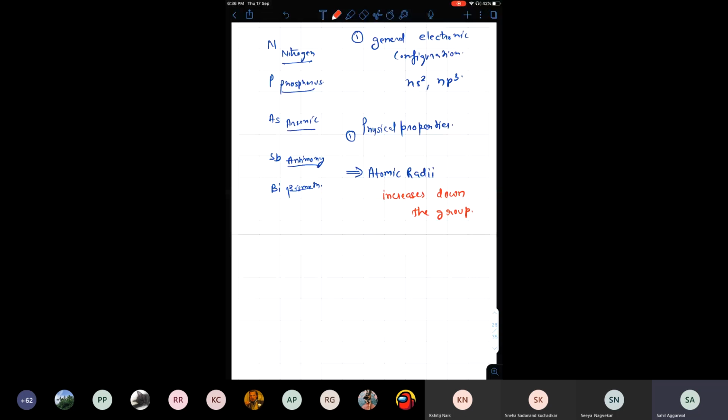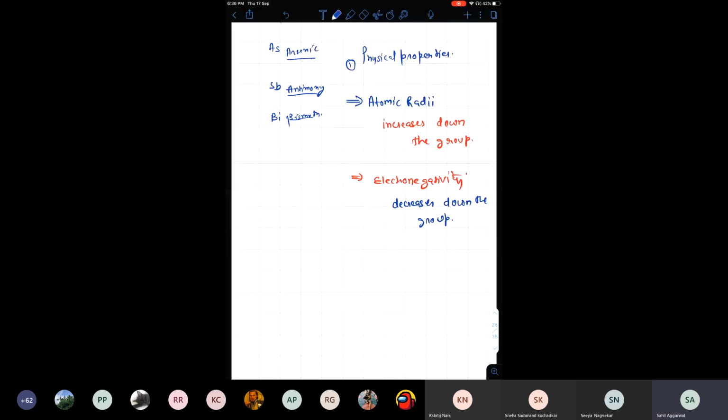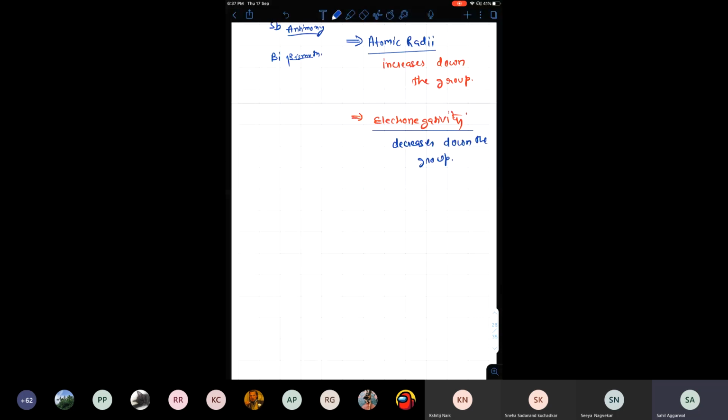Electronegativity decreases down the group. All of us know this. Atomic radii, electronegativity, ionization enthalpy decreases down the group.